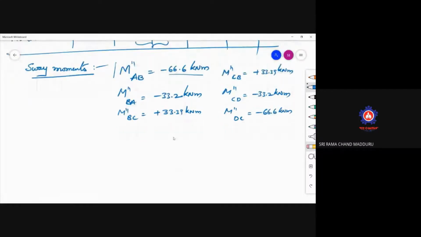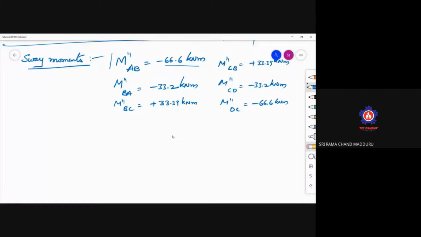So while writing down the total moments, the formula is: total moments is equal to non-sway moments plus x into sway moments.